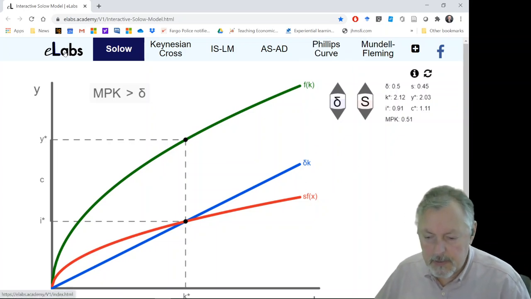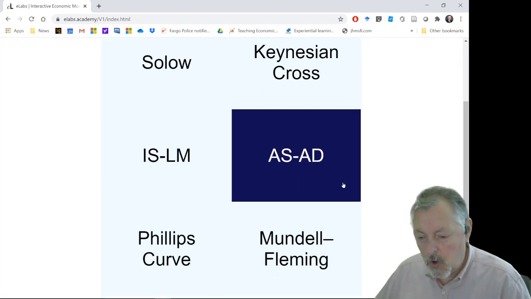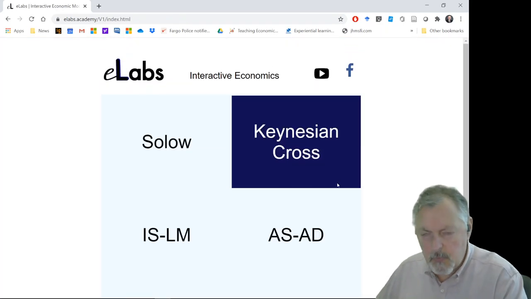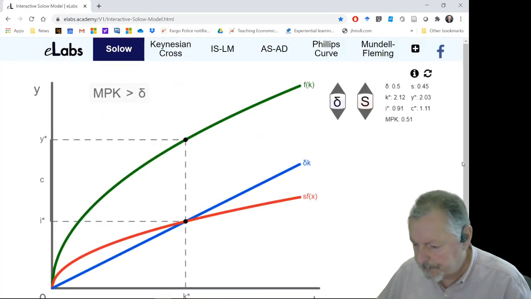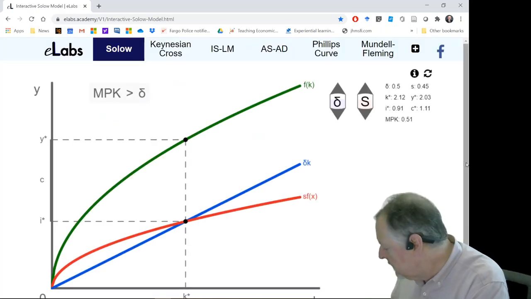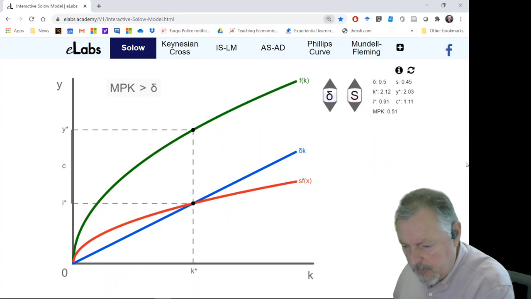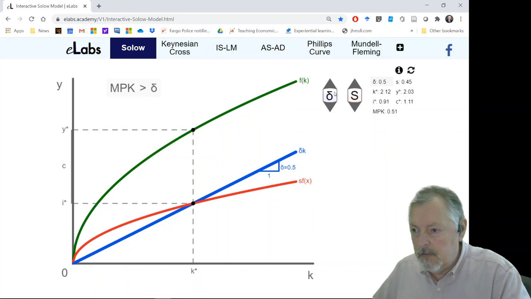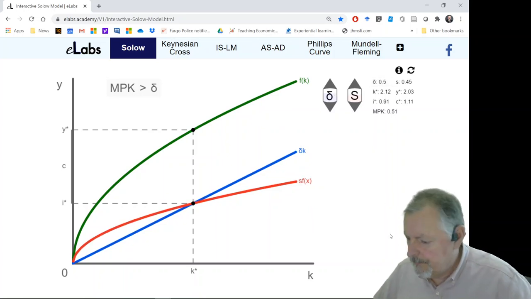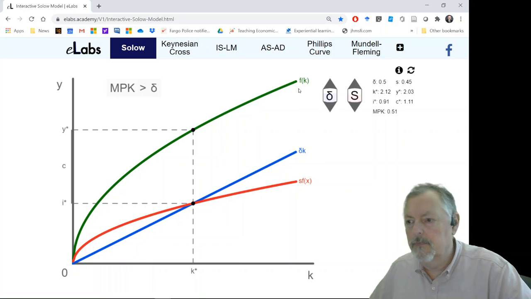Takes you to this simulation. You can click here and it will show you all the different simulations it has. And we'll be getting to these other models later. But for now, Solow growth model. This is nice because it lets you play around with it. You can change the depreciation rate and the savings rate. Now, notice here, this adds an extra curve.